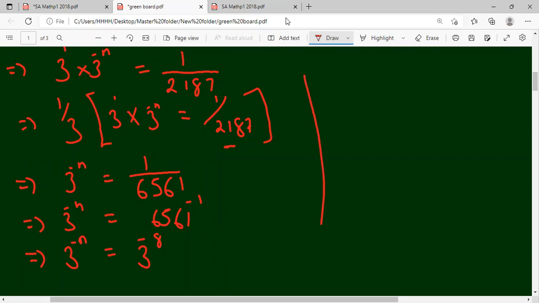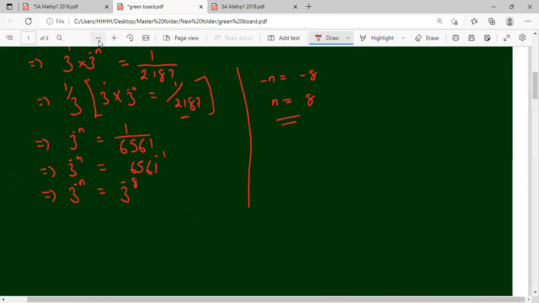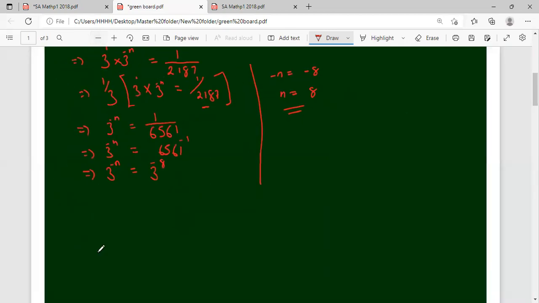This will mean that negative n is equal to negative 8, and n is equal to 8. So that is your n. I hope that is okay. Then go to the next question.